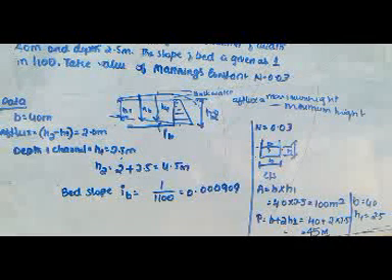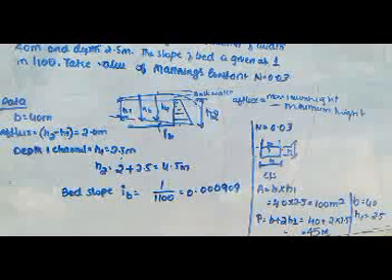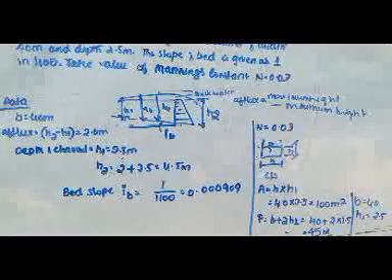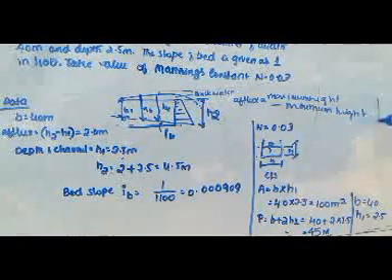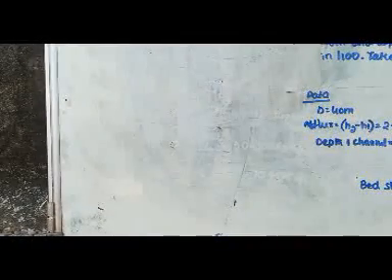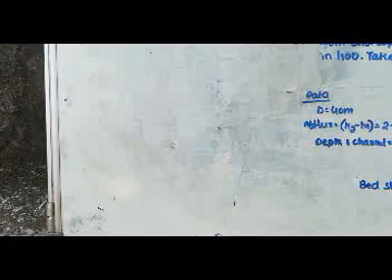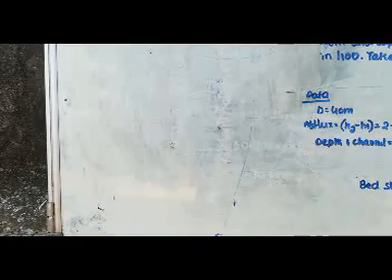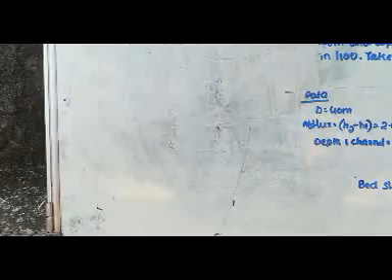If Manning's constant is given, we can go for Manning's equation. What is the Manning's formula? Before going to that, we need to find the mean depth, because sometimes we forget that. If you don't know the formula, how can you find the hydraulic mean depth? If you write the formula first as the initial step, then you can go for the hydraulic mean depth.